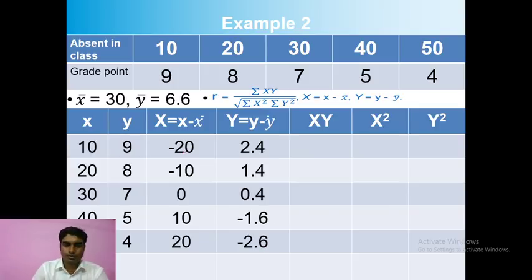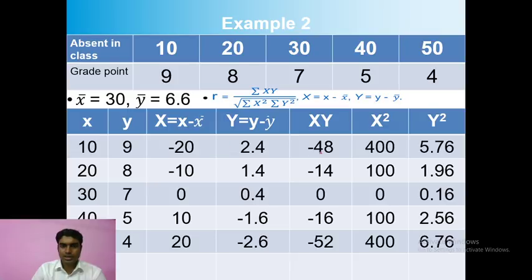Now I have to find out the multiplication of these points. So I can see that it is minus 20 into 2.4 is minus 48, it is 1.4 into minus 10 is minus 14, 0, then minus 16, and minus 52, the product of these two. And now X square, so minus 20 square is 400, then minus 10 square is 100, 0, 100, 400, right?